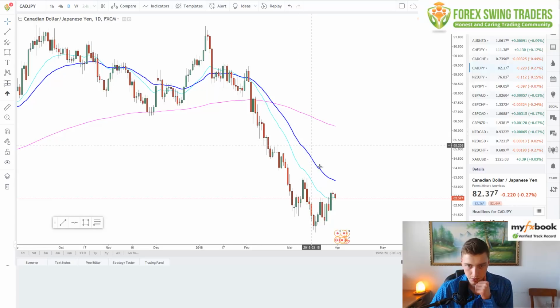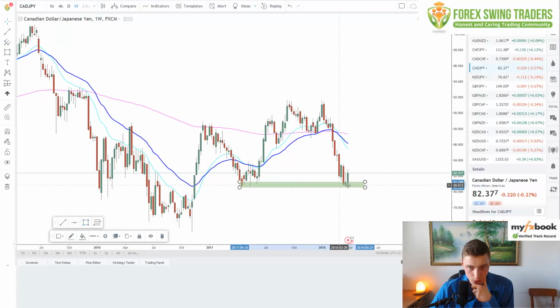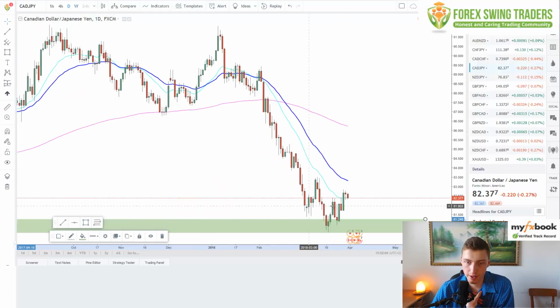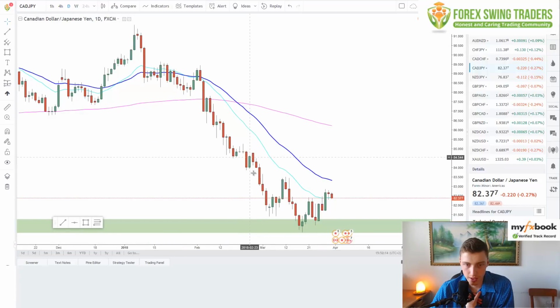So CAD Yen is pretty much the same. The only difference is that CAD Yen hit this support, so this might be a more potential pair for buying. All right, for buying. So you can also see again impulse leg, retracement, impulse leg, and now price failed to create a lower low and creates a higher high.